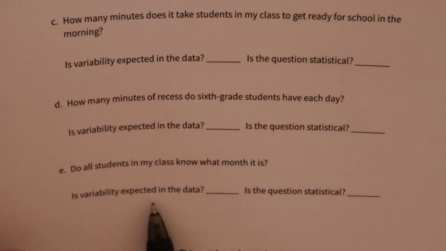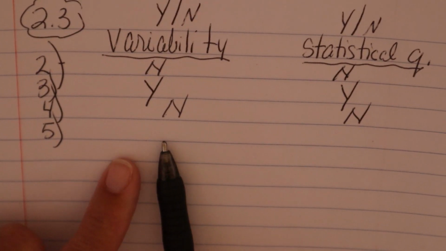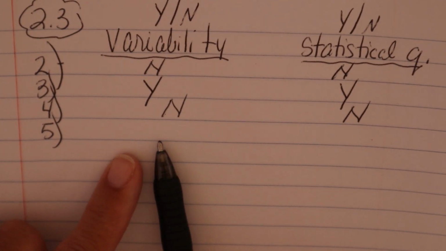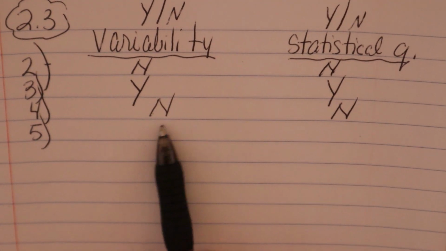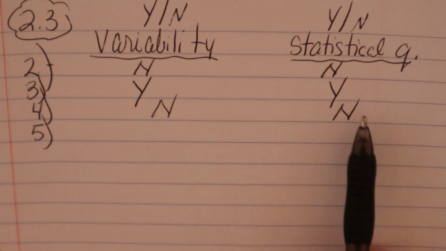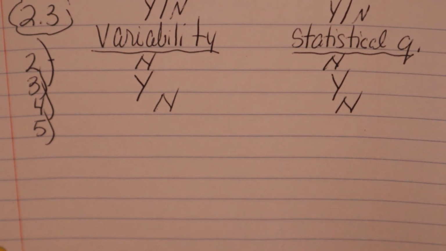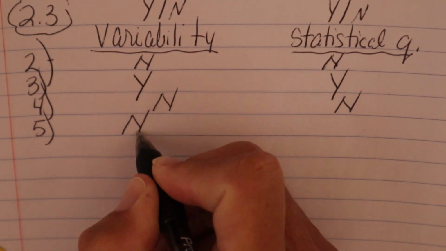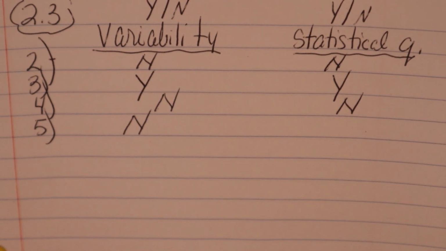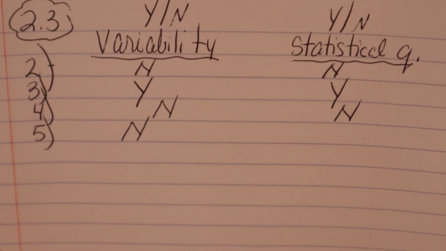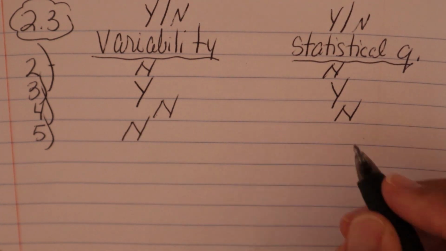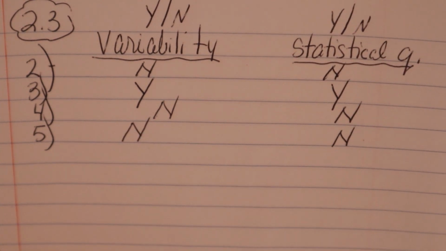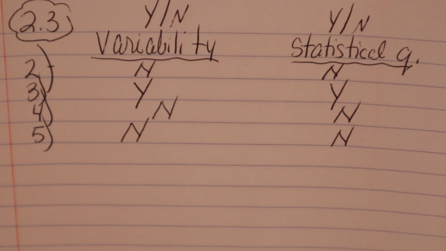Is there variability? Are the 6th graders going to all have different answers, yes or no? That gives you the answer to this. Whatever this is becomes this. So write your answers down. Hopefully you wrote no. I would hope that every single 6th grader would know what the month is. So there's going to be no variability, which means no, it's not a statistical question.